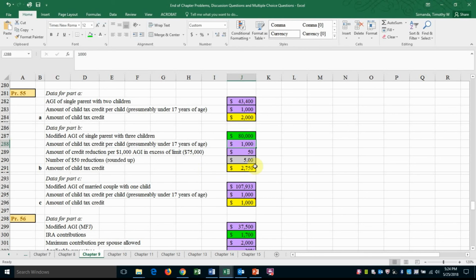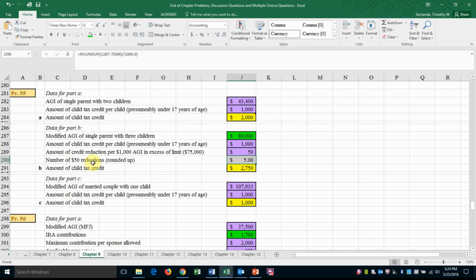And so what we'll have to do in this case is, first of all, we need to calculate the number of $50 reductions, and that's what's unique about this credit calculation, is that for each $1,000 there's a $50 reduction when the income exceeds the threshold of $75,000 in this case.